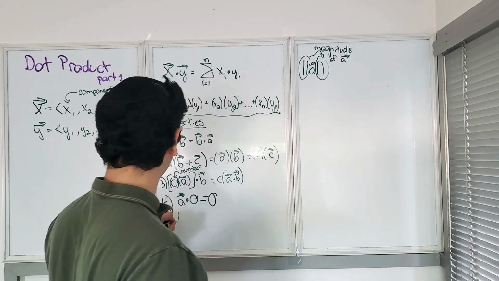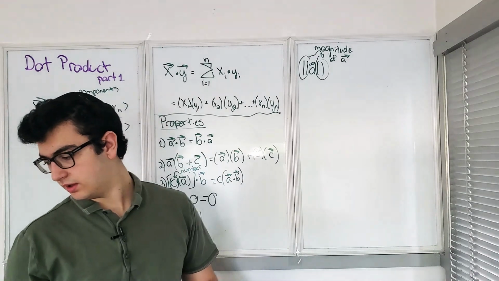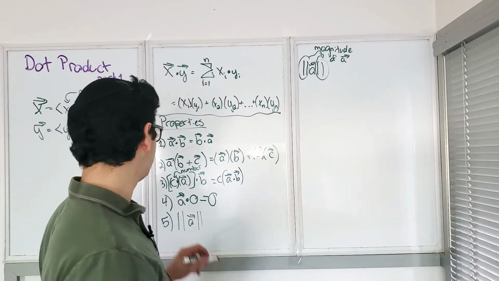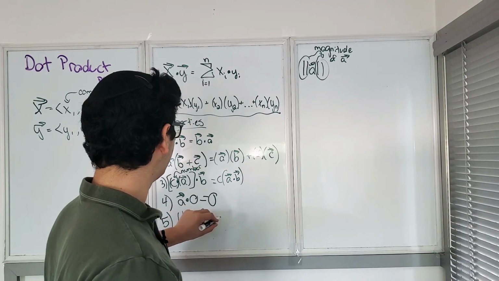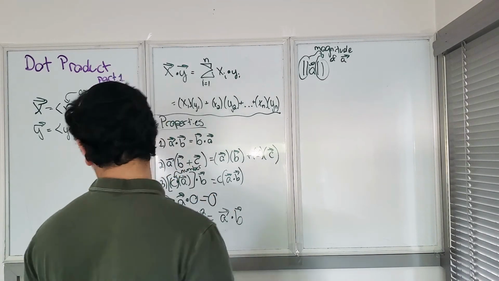So if I do the magnitude of A squared, that's going to be equal to the dot of A and A.